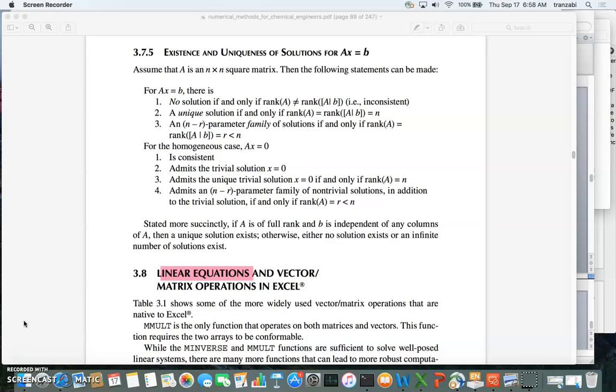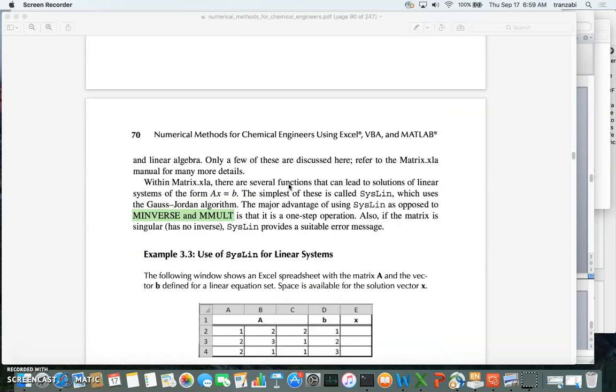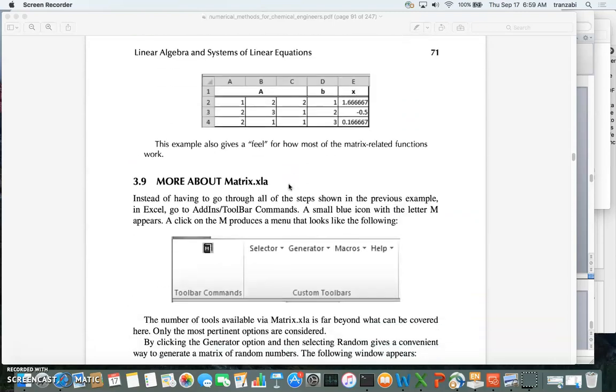In this video, I'll be talking about 3 examples that show the cases where there's no solution, unique solution, and n-r parameter family of solutions. That is basically example 3.5 of the textbook.